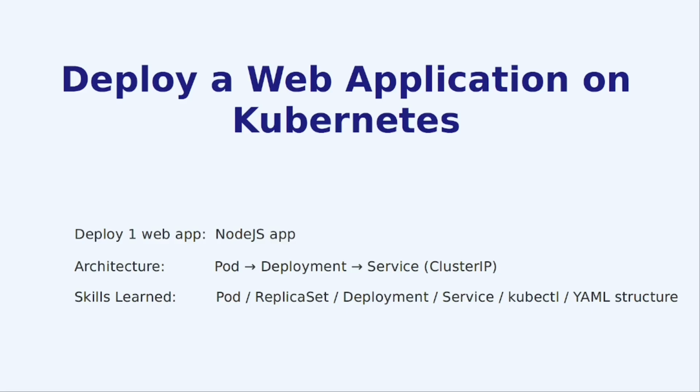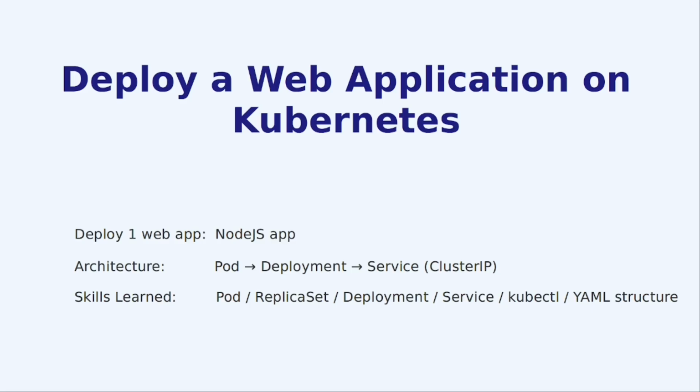During this project, we will also practice several important Kubernetes tasks. For example, we will learn how to create a deployment, how to scale the application from one pod to multiple pods, how to perform a rolling update when a new version of the application is released, and how to roll back to a previous version if something goes wrong.